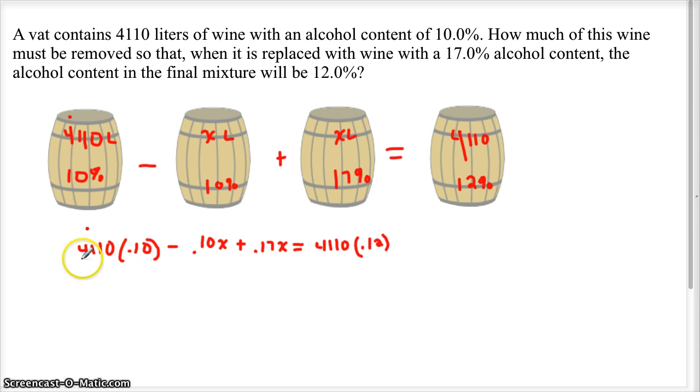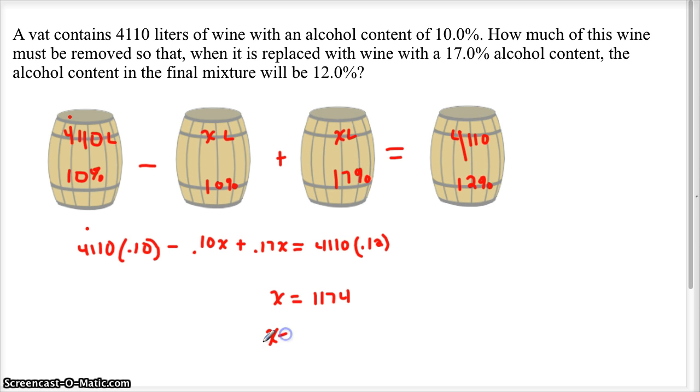Okay, so now you can put this equation into your solver, and when you solve it, you're going to get that X equals 1,174. Now, if you look at my significant digits up in the problem, it looks like everything has about 3 significant digits.